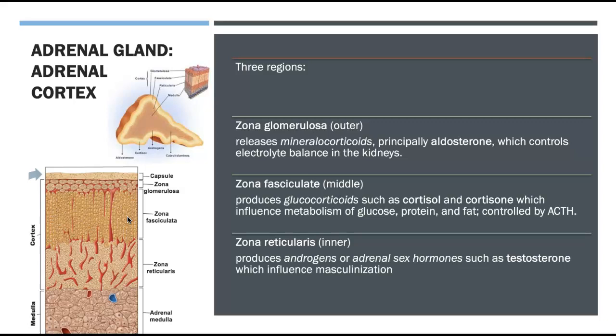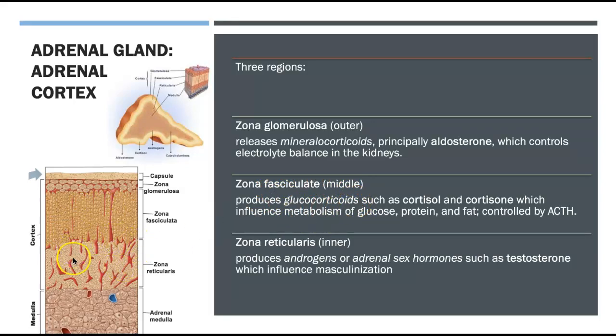Or sorry, not from the hypothalamus, from the pituitary gland. Our corticotrophin releasing hormone is what's released from the hypothalamus, which then tells the anterior pituitary gland to release ACTH. That travels here to our zona fasciculata, telling it to produce and release glucocorticoids.